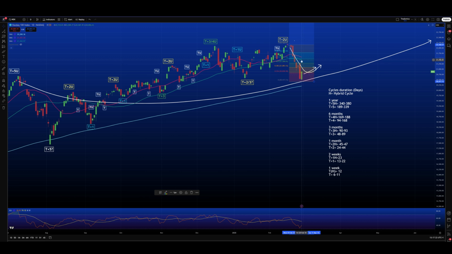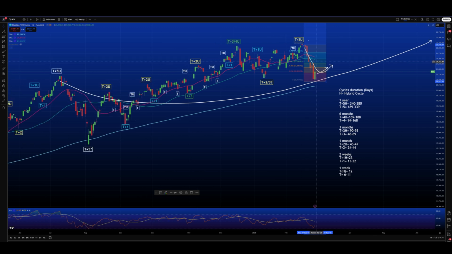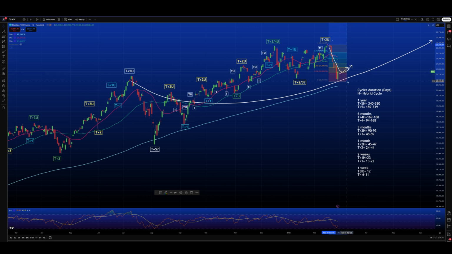Okay, so this would also correspond to the moving average 50. So this is what we can foresee for the beginning of next week.